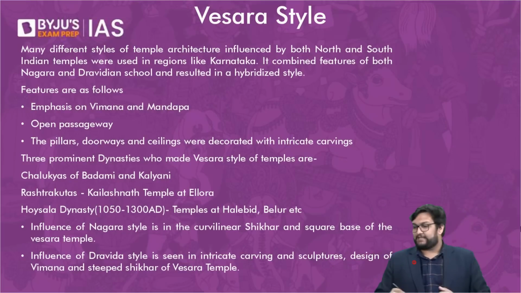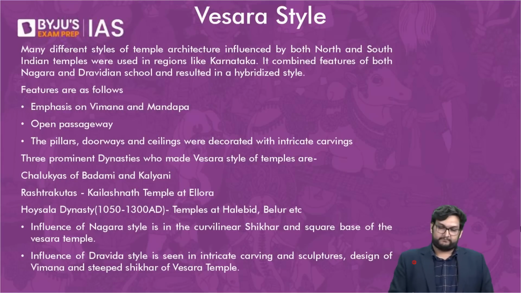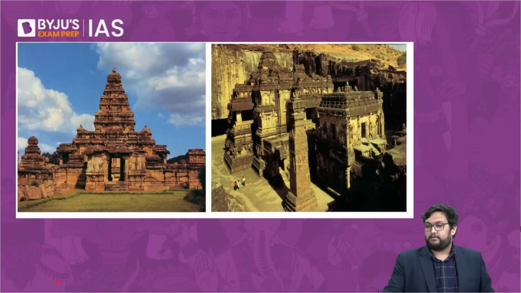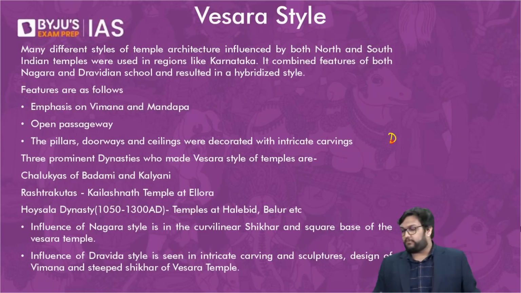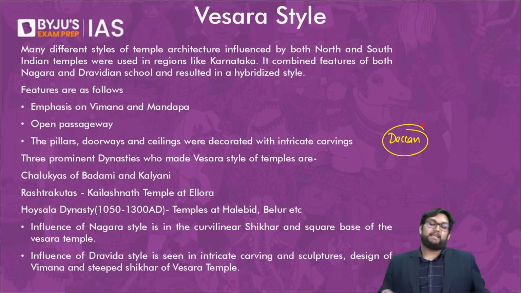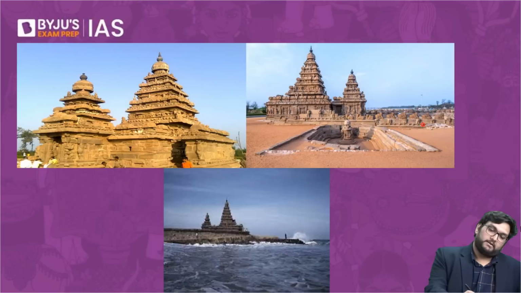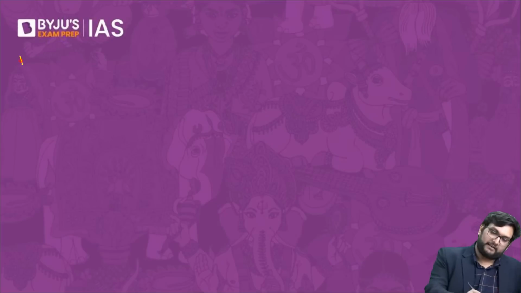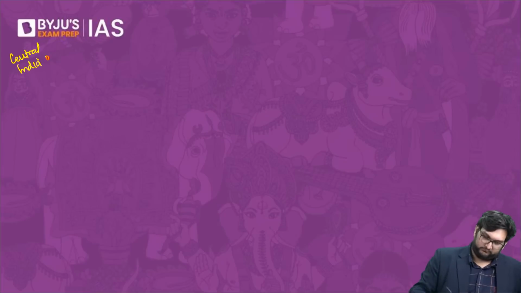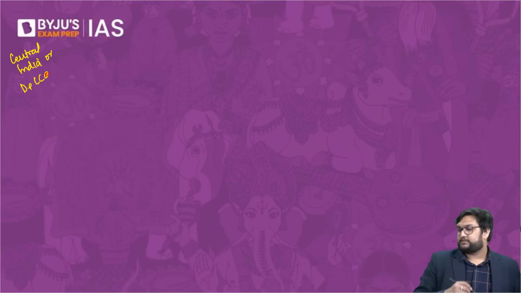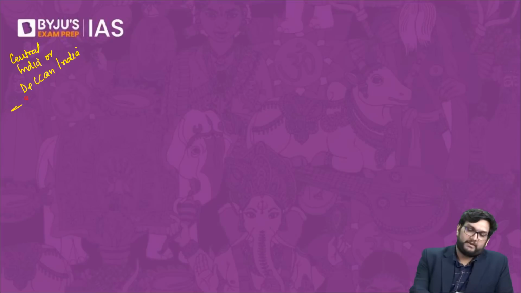Now, in between all of this, in the Deccan sector, we see the rise of a new style, Deccan or Central India. It would be Northern Karnataka and forwards. We have a new style which is called Vesara.